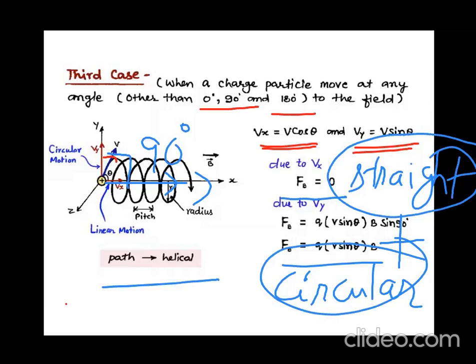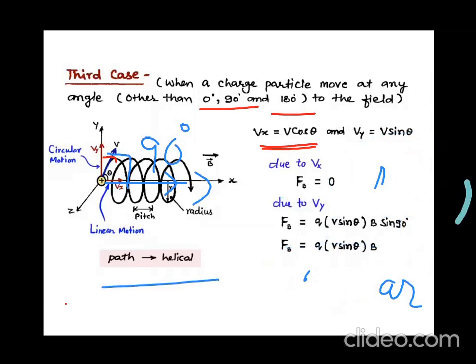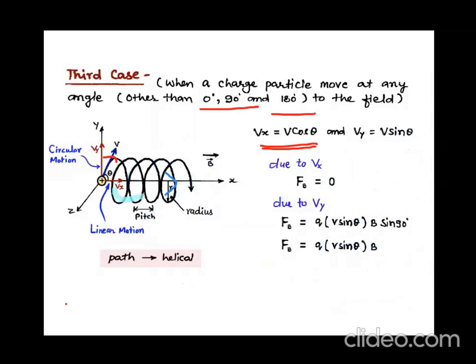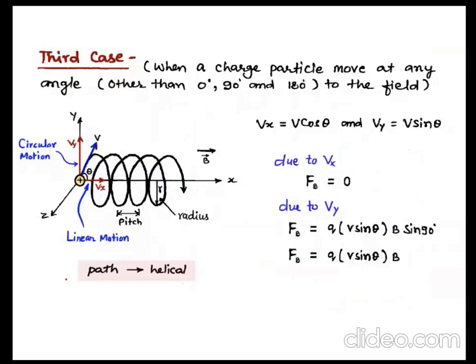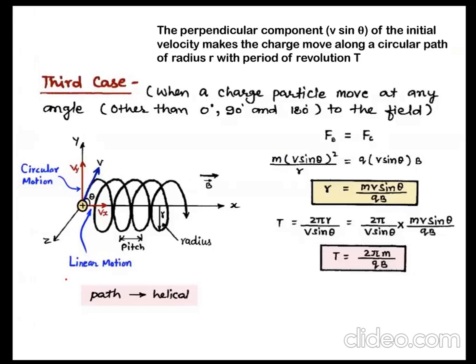Helical is your spiral. You use spiral bound books, so in that you have seen that it is helical in shape. So this is the path of the particle when it is making an angle other than 0, 90 or 180.